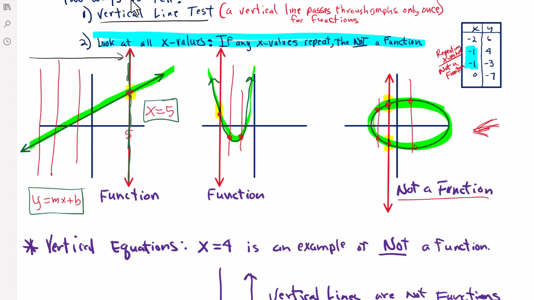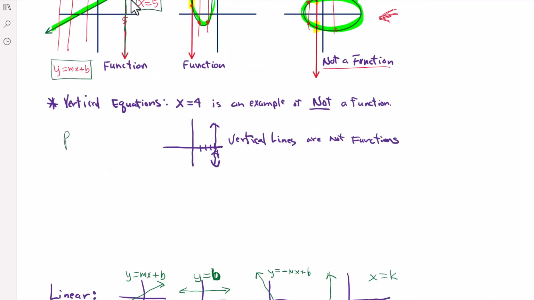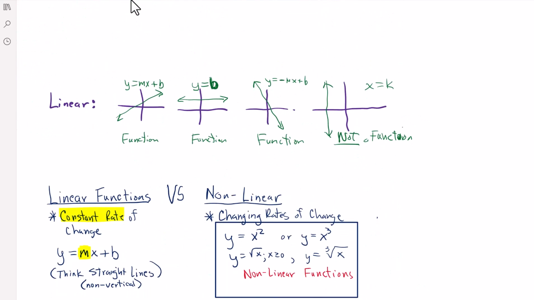All quadratic equations are functions. So in general, polynomials are functions. All right, vertical lines are not functions, okay?